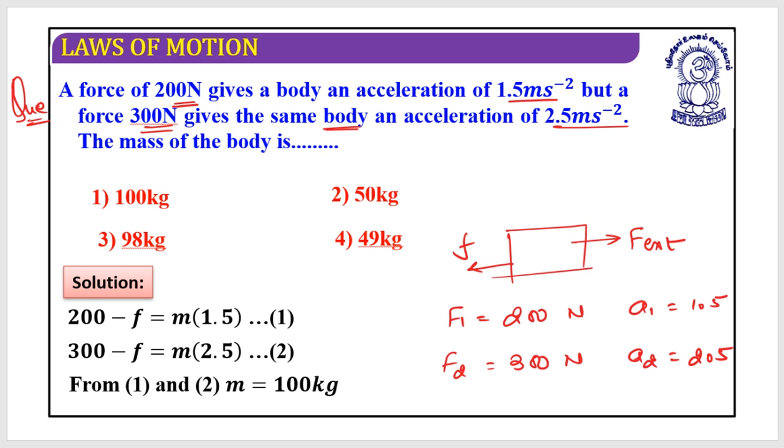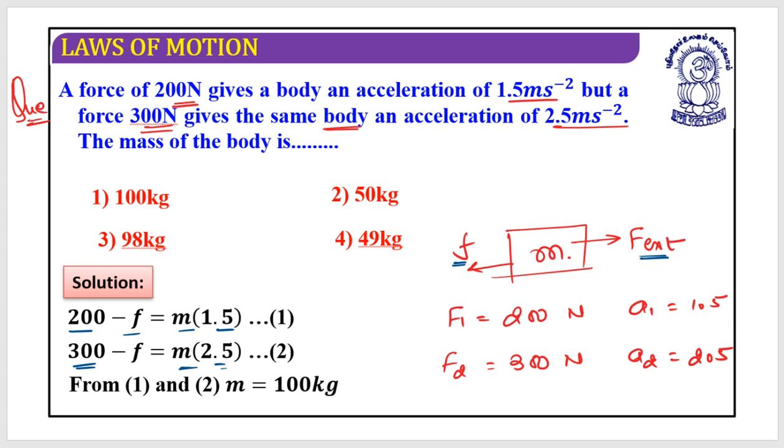Now, I want the mass of the body. How should I get it? So 200 minus F is equal to mass into acceleration. This would be the first result. And the second result: 300 minus F is equal to mass multiplied by acceleration, which is 2.5. I hope you can solve this.